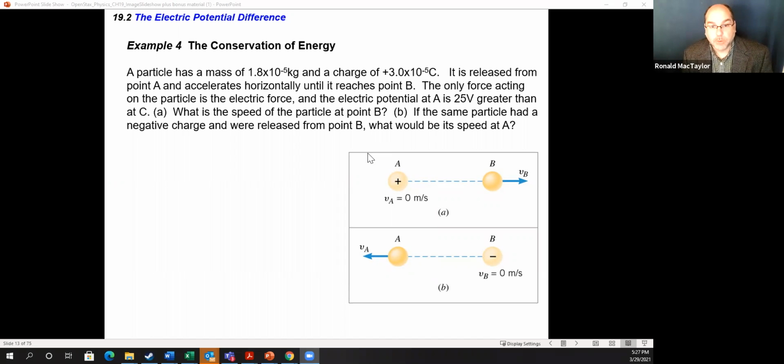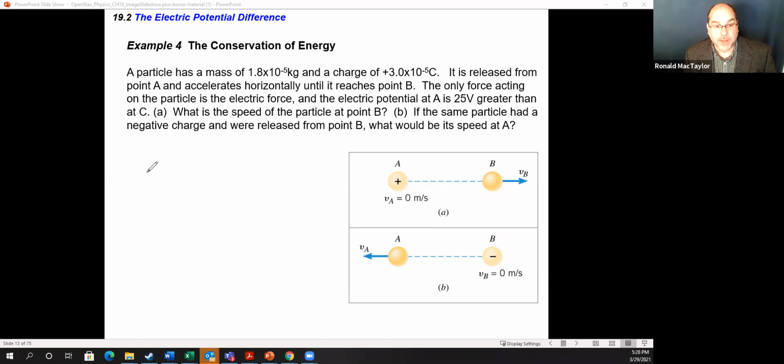But what we're looking at, we want to figure out something with speed. Speed is going to be the result of kinetic energy.